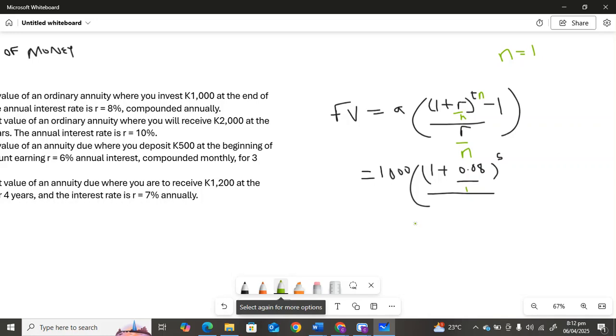We multiply the time by the number of compoundings, so here 5 times 1.